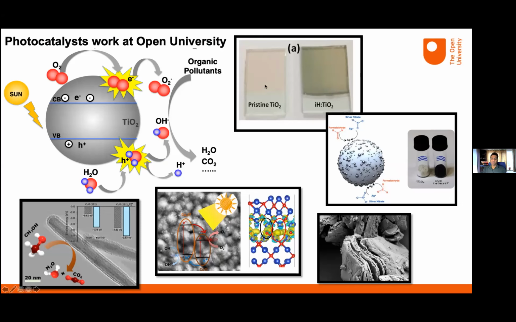So if you look at titania, TiO2, pristine titania is photocatalytic active, but only in the UV range. So we wanted to make sure it can be activated in the visible range. I work on thin films. So I do plasma spray of TiO2 onto glass, and then we hydrogenate the TiO2 in plasma, and you can clearly see the change of color.